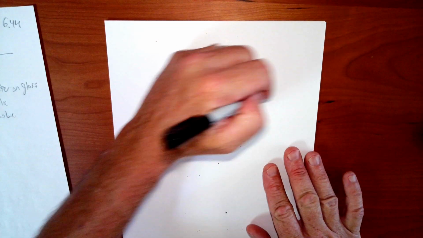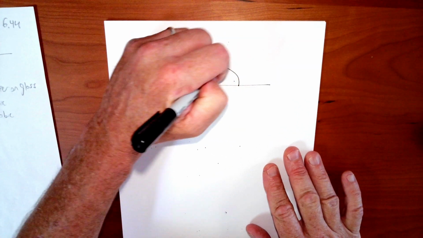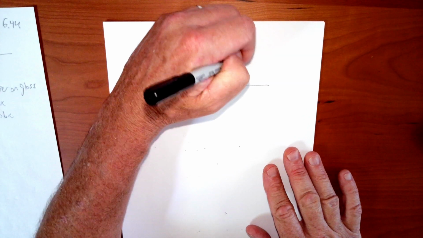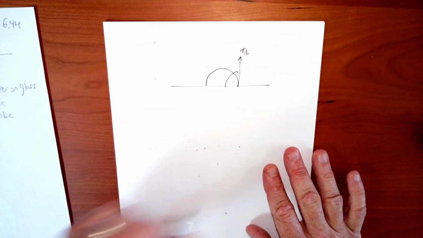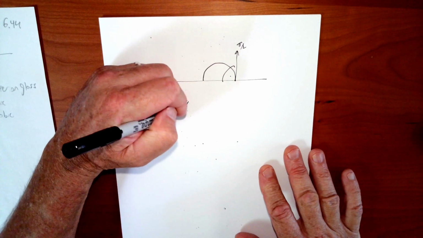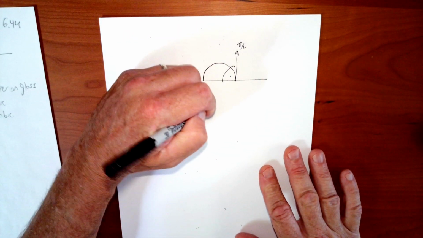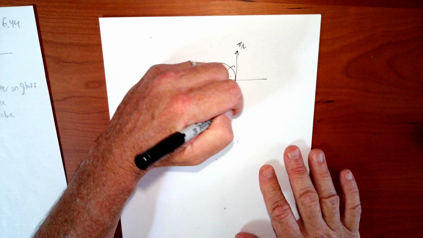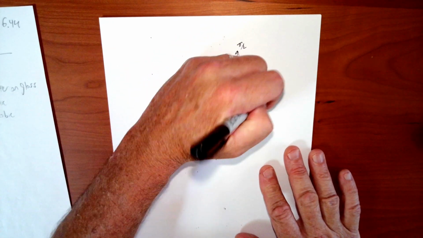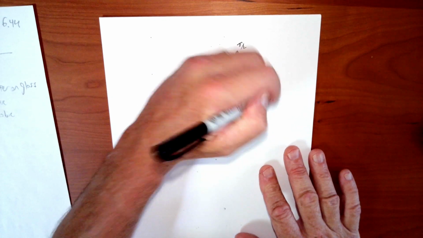So in summary, you have this drop sitting on a surface. This would be a neutral one where theta equals pi over 2. But in general, if theta is less than pi over 2, it's wetting. An example of that is water on glass. Water on clean glass is a wetting surface.